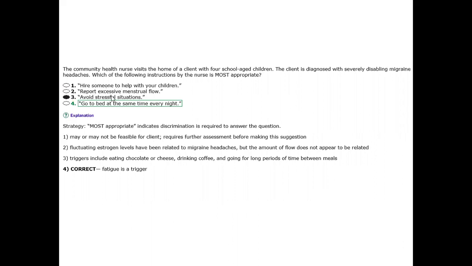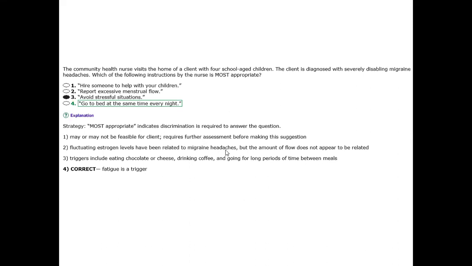Or report excessive menstrual flow here. They said fluctuating estrogen levels have been related to migraine headache, but the amount of flow does not appear to be related in this question. Avoid stressful situations. Triggers include eating chocolate and cheese, stress, drinking coffee, and going for a long period of time between meals.